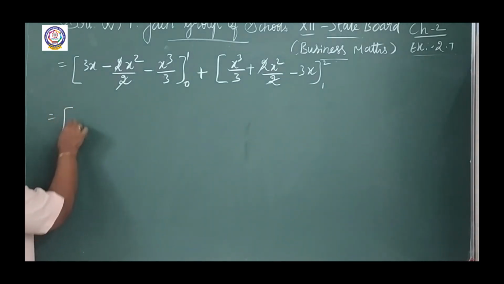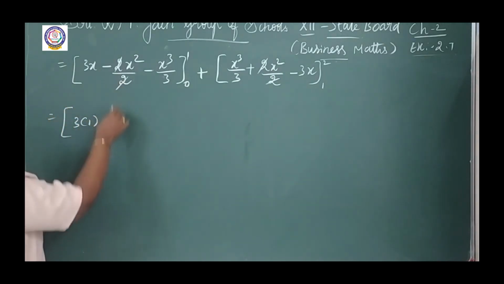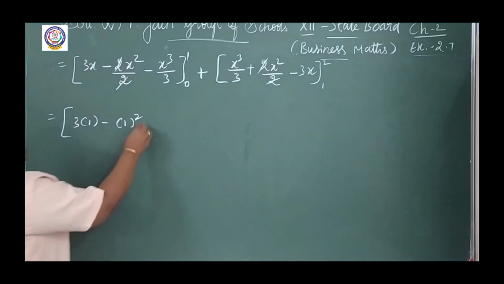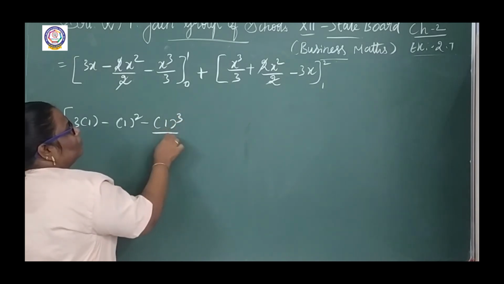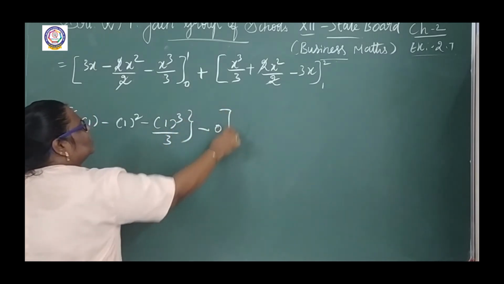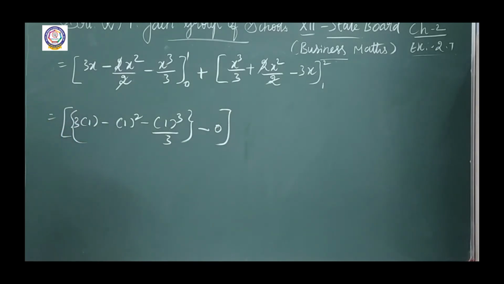What is the upper limit? 3 into 1 minus 1 square minus 1 cube by 3, upper limit minus lower limit is 0. So 0 into any number gives the value 0, because all the terms contain x.